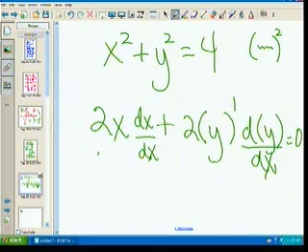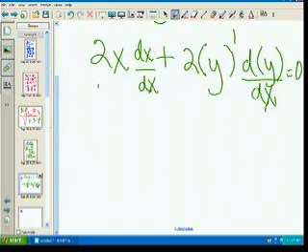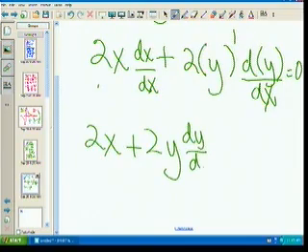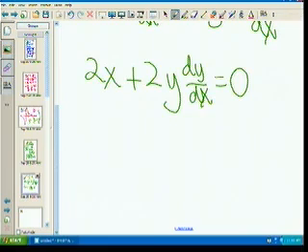Everybody okay with this equation? Let's get this to a point where we kind of have a solution. dx over dx is just 1. All right, what would be next? Slide the 2x to the other side.